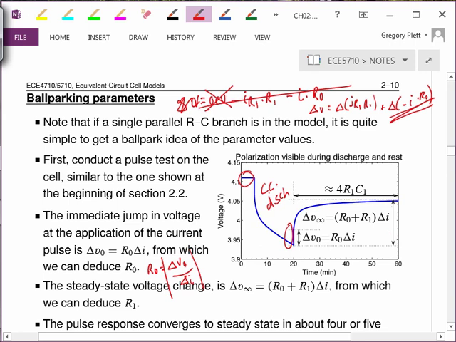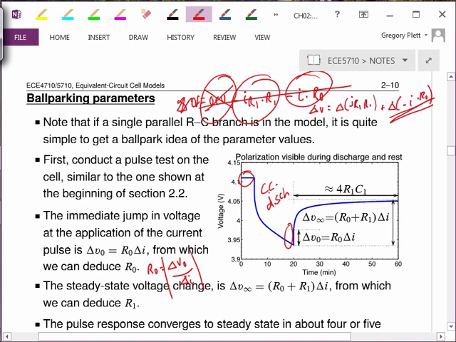Now the steady state voltage difference, when the cell is completely rested: we know in steady state the capacitor is completely discharged, so its voltage is 0. And the cell current I is 0, so this is 0 and that is 0, so the steady state voltage must be only open circuit voltage. And therefore the overall change in voltage between time 20 and steady state is going to be delta I times R0 plus R1.